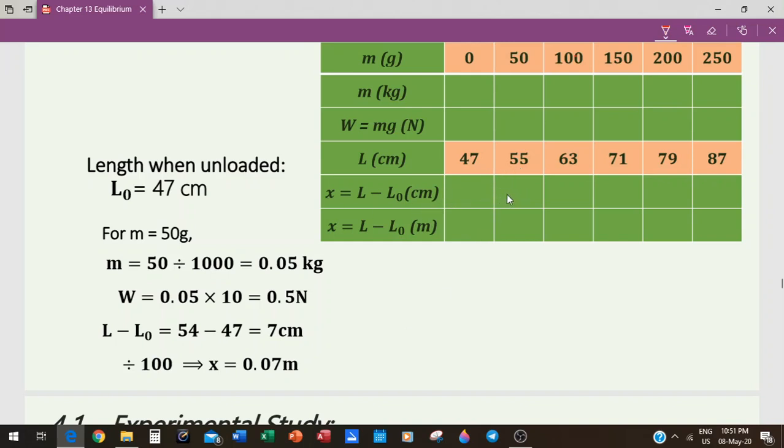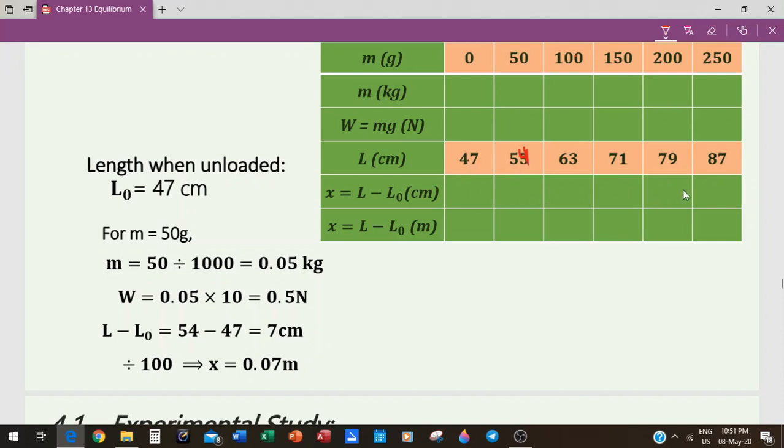Here we say that delta L, or the variation of length in the spring, is 7 centimeters. Let me change this to 54 and not 55. Okay, 54 minus 47 is 7 centimeters.